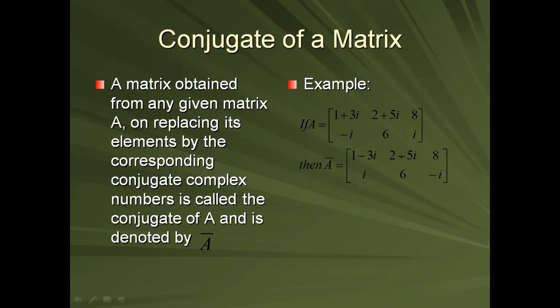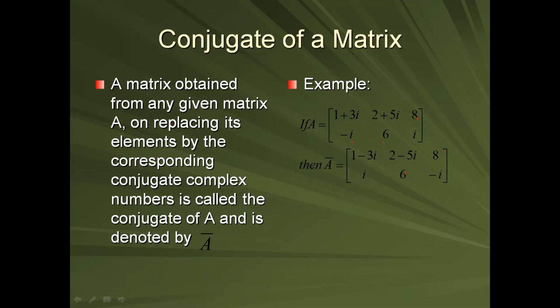So you will write 2 minus 5i. Like a complex number, there you will have to change the sign. If it is minus i, you will put i. 6, 6, 8, 8. Only the imaginary part you have to change with the sign.